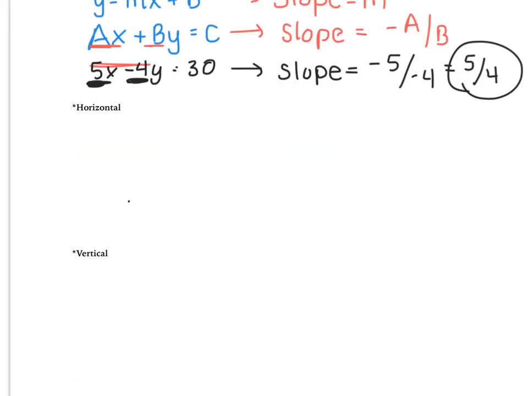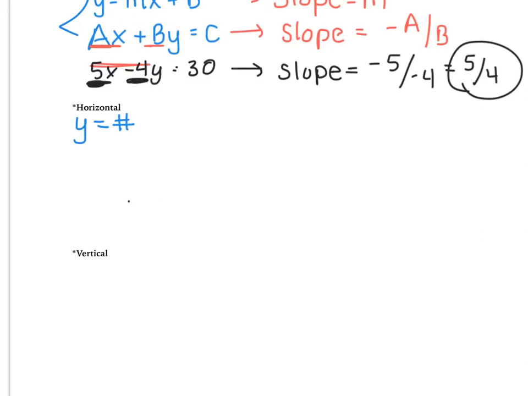Okay, the other two types of lines I wanted to talk about were horizontal lines and vertical lines. And we've touched on these a little bit, but just to formalize it, make sure it's in your notes, okay? These ones do not take the same form as your oblique lines do. They don't look like these. A horizontal line, hopefully you remember from our talk yesterday, is always in the form y equals some number.